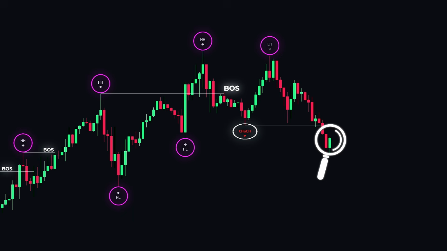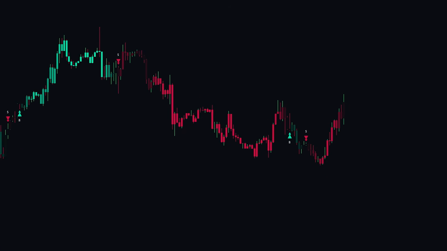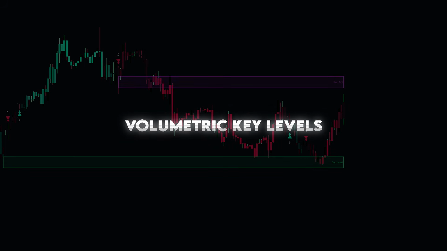This is especially useful for beginners not knowing how to draw market structures properly. But it can also be used by experienced traders to automatically visualize market structure, so you don't have to manually draw them yourself.